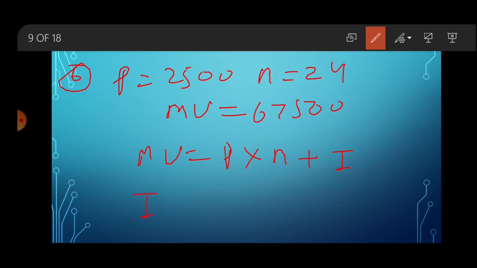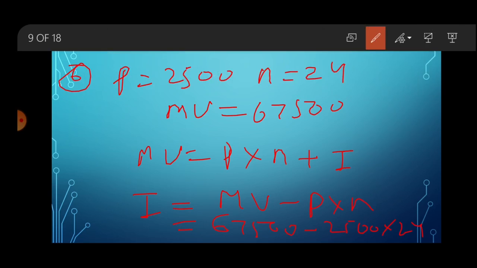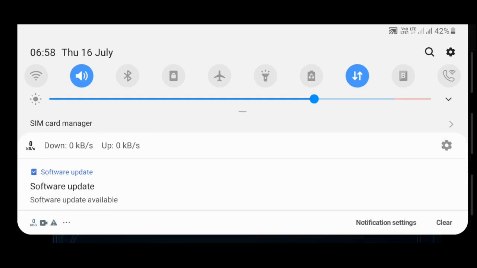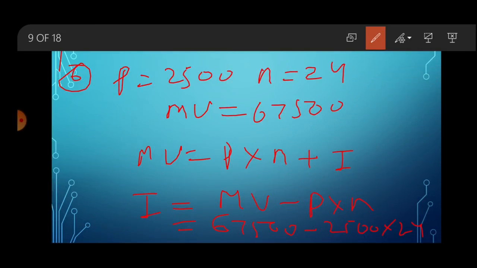MV is given by P into N plus I. So obviously we will get I is equals to MV minus P into N. So now write MV. Our MV is 67,500. Your P is 2500, and the value of N is 24. Now you have to multiply 2500 by 24.